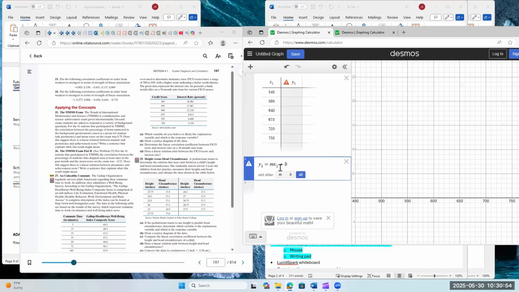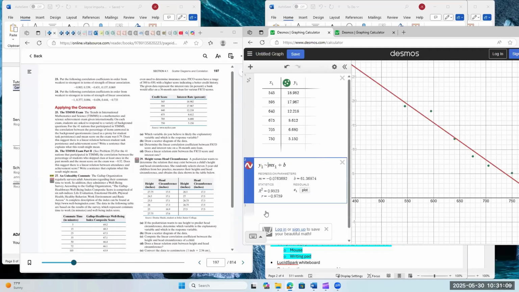Okay, so if I enter that, it's not working because it wants to take my x values and it wants to know what m and b are. So to tell it that I want to do a regression line, I'm going to change that equal to a tilde. On my keyboard, the tilde is in the top left corner underneath the escape key. But you want to look for this little tilde symbol. And the tilde says, draw that regression line.